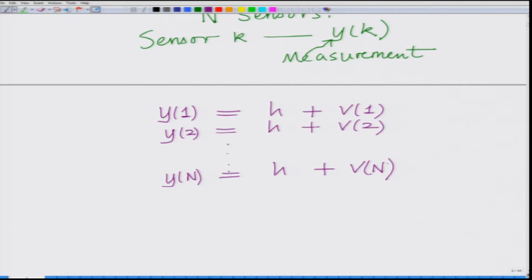These are the n observations, correct. h is the parameter of interest.